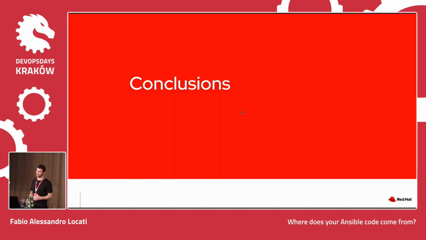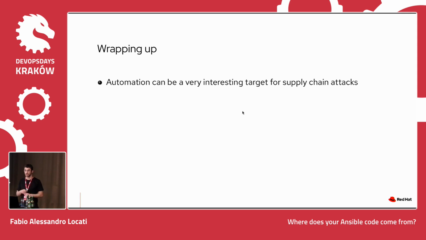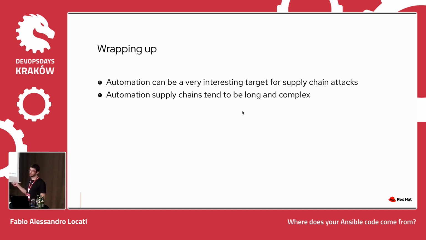So, some conclusions. First of all, automation can be a very interesting target for attackers due to the high privilege that it comes with. Second, automation supply chains tend to be long and complex, and a lot of times not very well known.